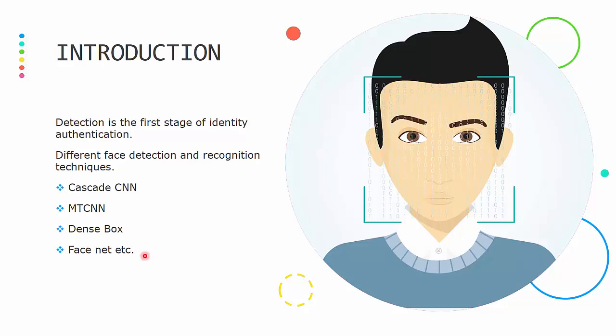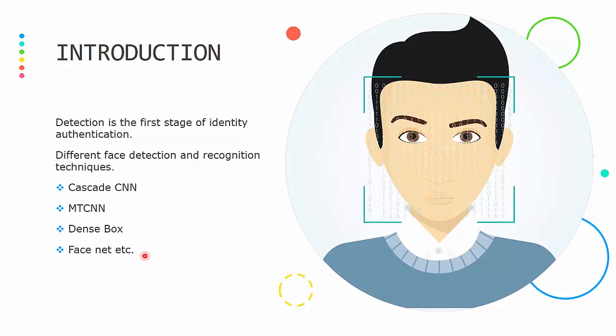DenseBox introduced a fully convolutional neural network to detect faces. And finally, in this list, we have FaceNet. It has two approaches to detect faces. First is to generate a response map of different facial parts. Then the second stage refines it by a multitask convolutional neural network.